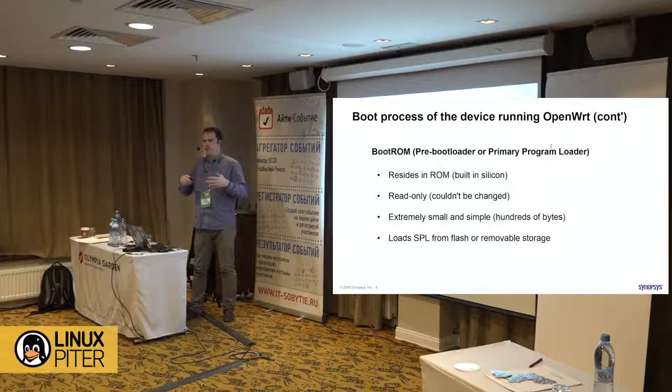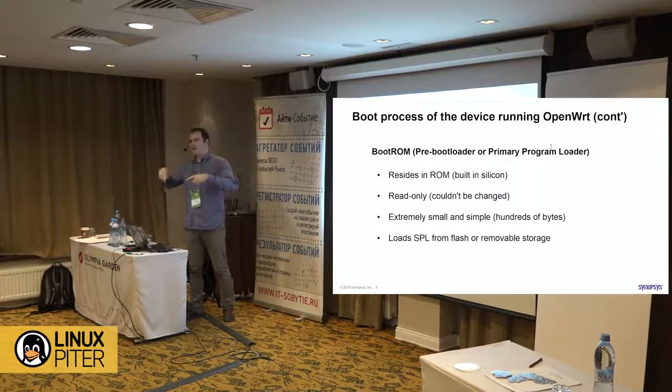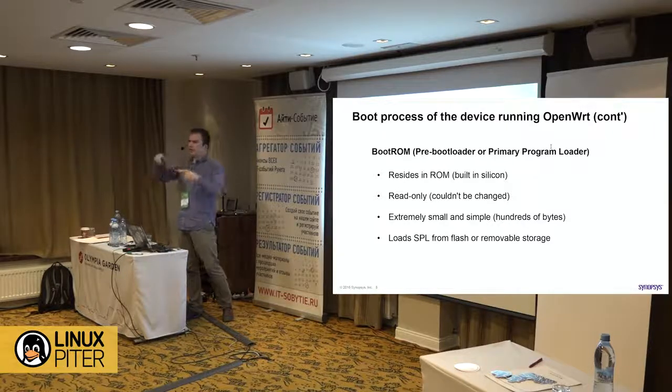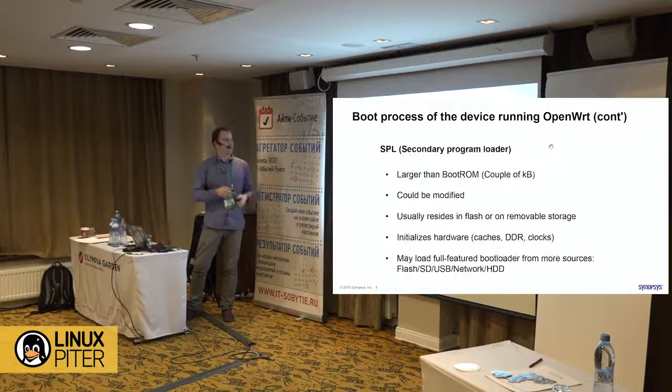We execute code right from cache, even though we didn't load it from RAM, which that cache backs up. We load from some separate external storage to cache, then execute it, and then we finally enable cache when we have DDR ready. And so we may finally use DDR for something fancier.